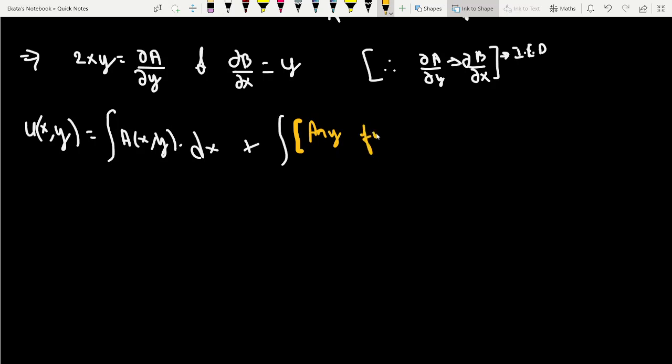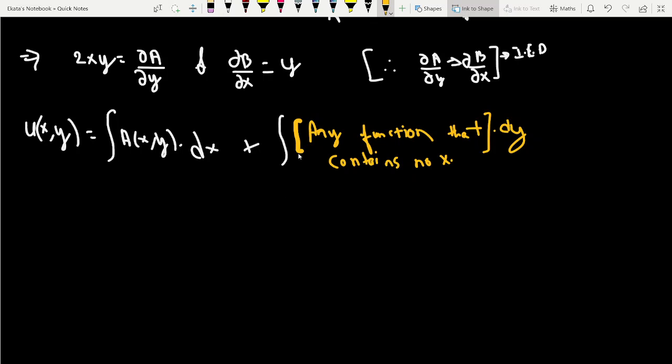Choose any function that contains no x. This is the thing: the second is integrated with respect to y.